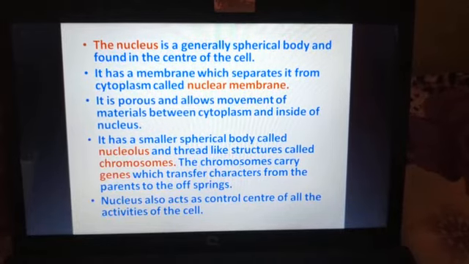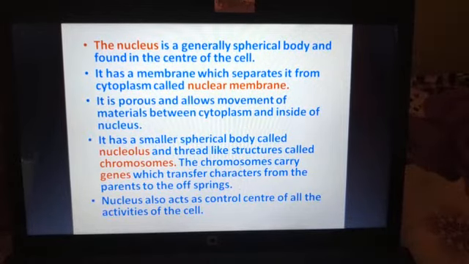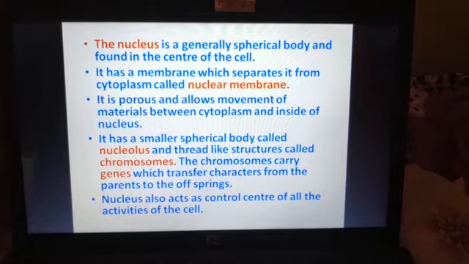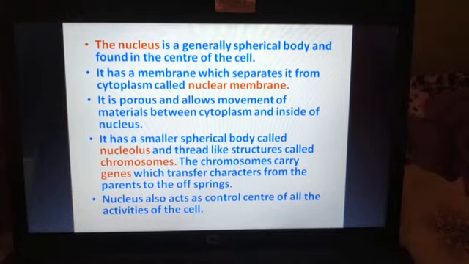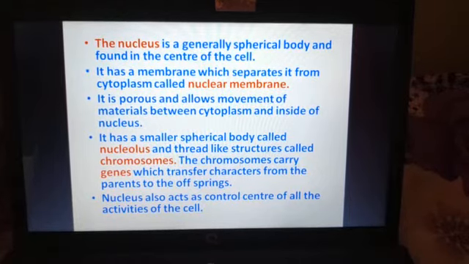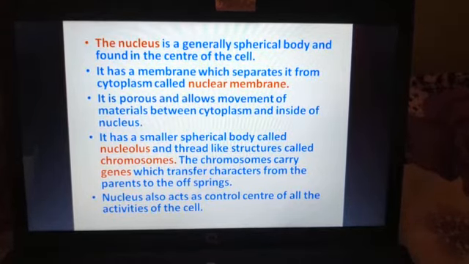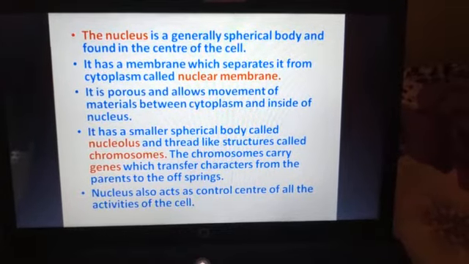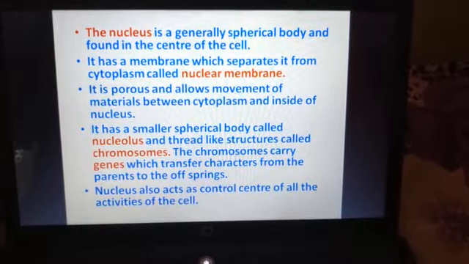Next, it has a smaller spherical body called the nucleolus. So nucleolus, we have seen it is present inside the nucleus, and a thread-like structure called the chromosome. Now, these chromosomes, they carry genes which transfer character from the parents to the offspring. So these genes are the hereditary unit.